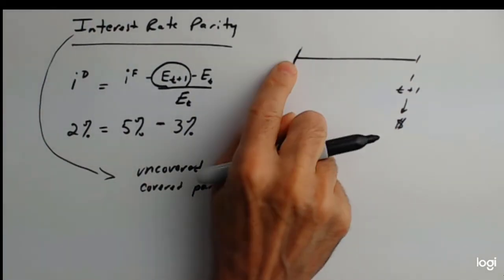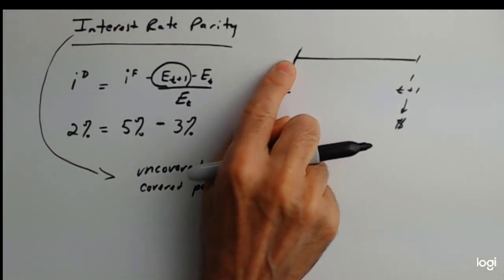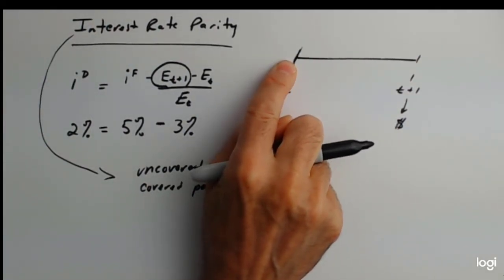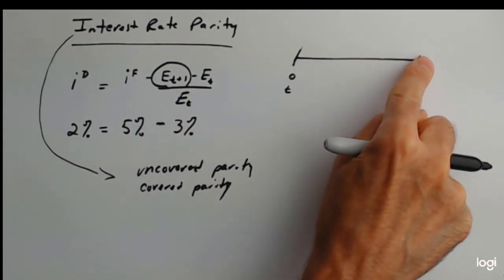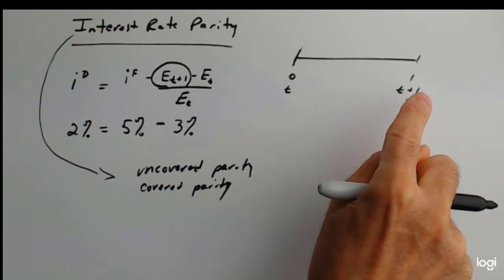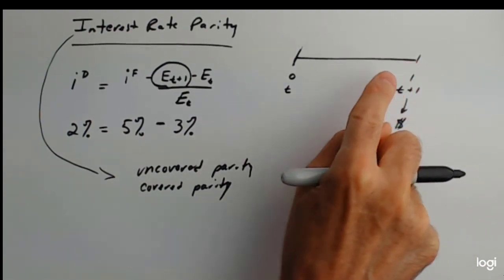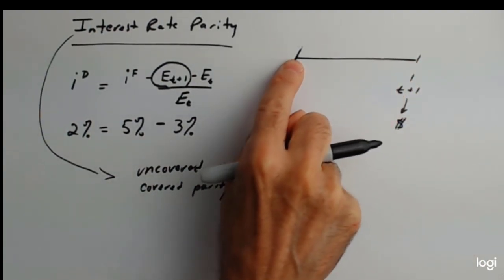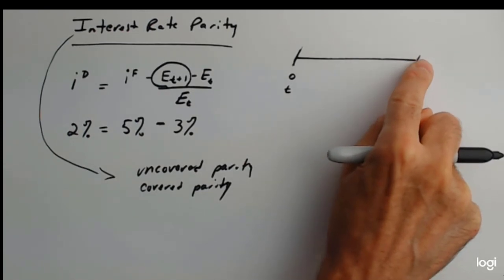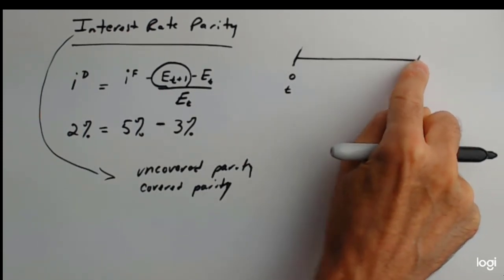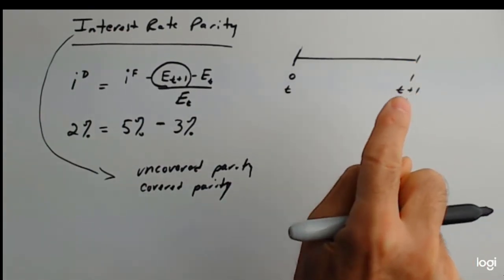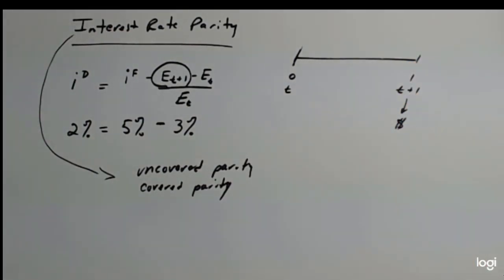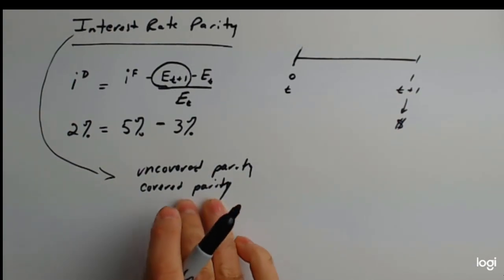You buy the foreign bond, and at the same time you enter into a forward contract on exchange rates, so that when your bond matures, you're going to convert that into dollars based on that forward rate that you lock in right here. So you lock in a forward rate here, things actually transact here. You're going to get the proceeds from the foreign bond, and convert it into dollars at the forward exchange rate. So that's covered interest rate parity.